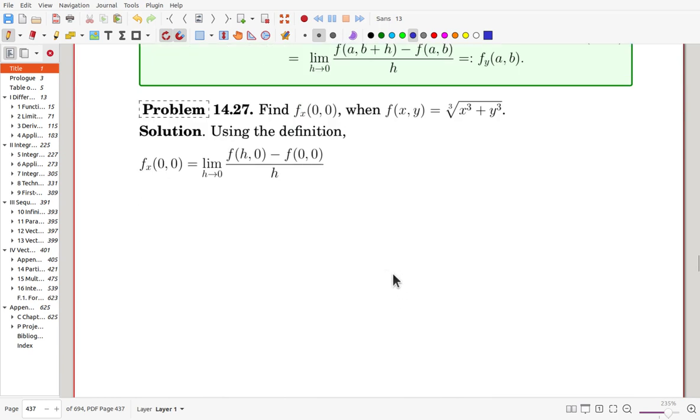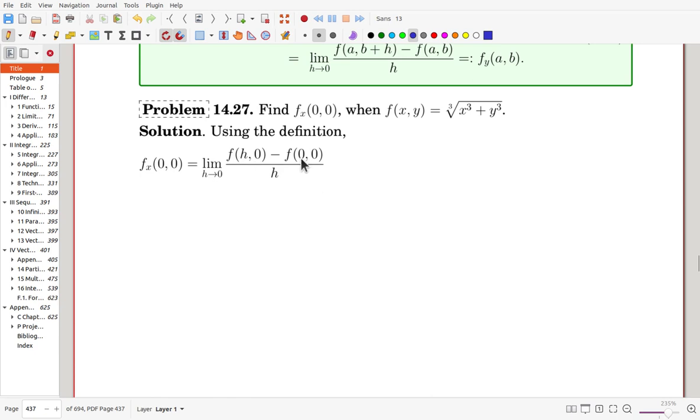Okay, let's try to solve this problem. Find f sub x at (0, 0) when f of x, y is defined in this way. Now, by using the definition, we start with y equals 0, and around 0, so that is 0 plus h.